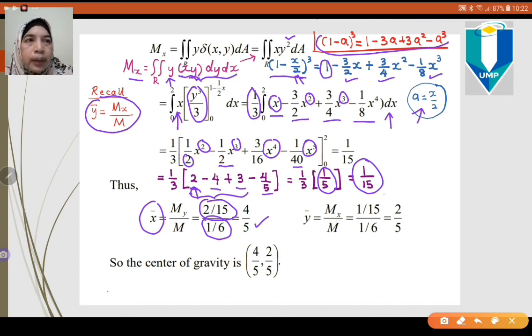For y bar, we notice that the value of the moment about the x-axis is 1 over 15. You divide by the mass, which is 1 over 6, to give you 2 over 5. So the center of gravity of that lamina is 4 over 5 and 2 over 5. So this is the x bar and this is the y bar.